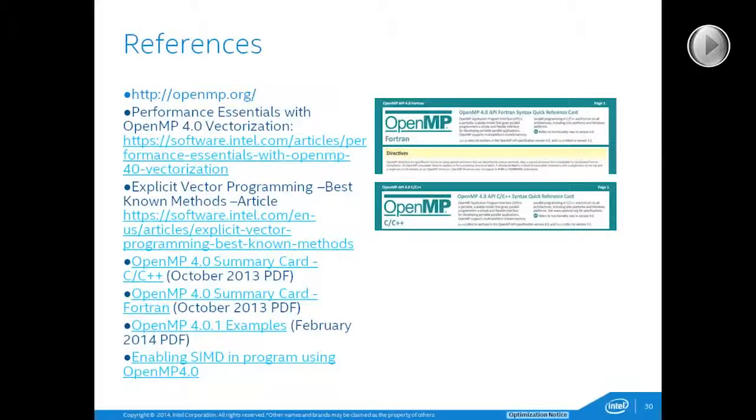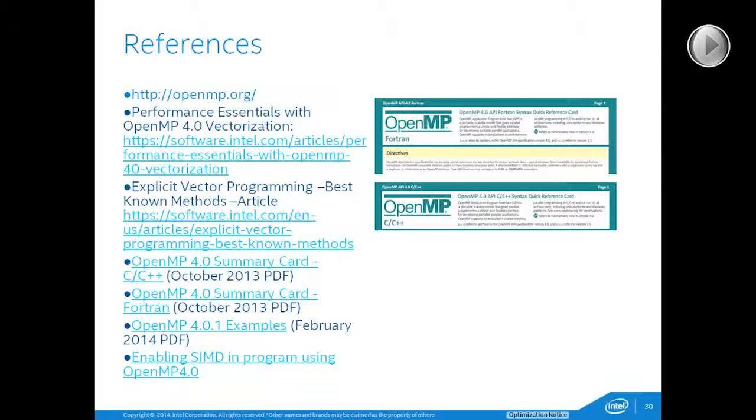So a couple of questions. Do you have a book for programming with explicit SIMD and the Intel compiler? Could you repeat that, Mike? Is there a book available for programming explicitly for SIMD and the Intel compiler? I'm not aware of a book that just covers that.